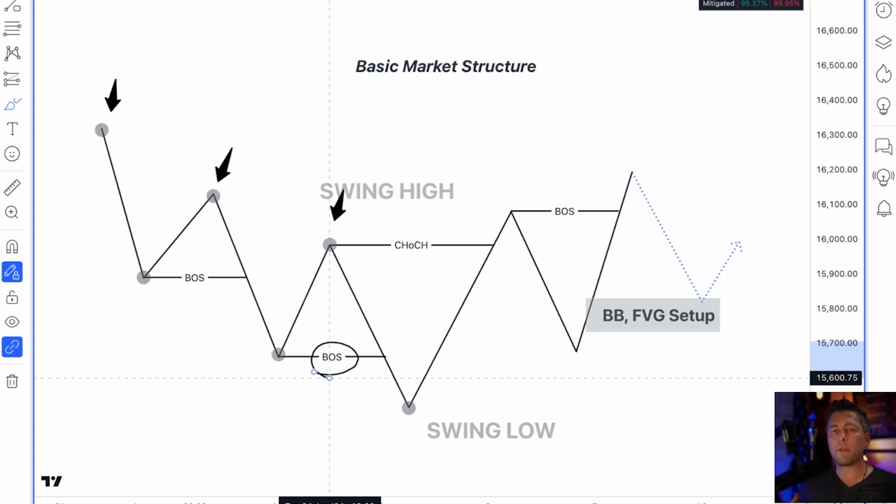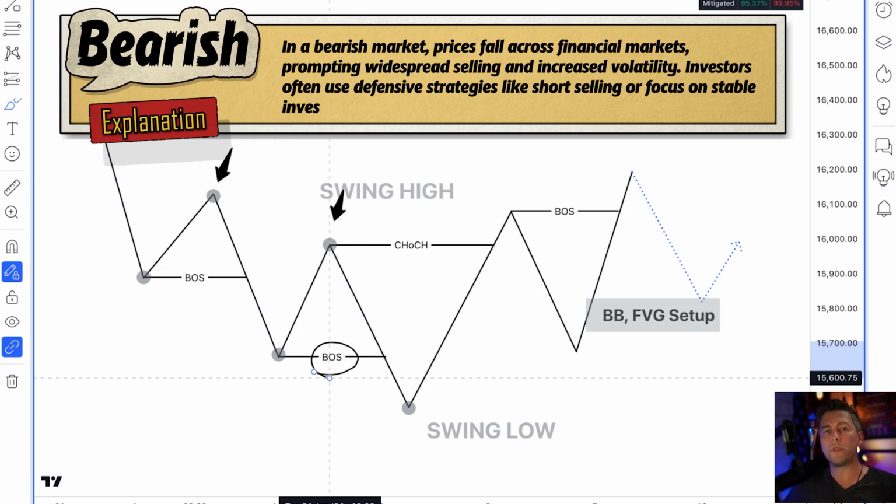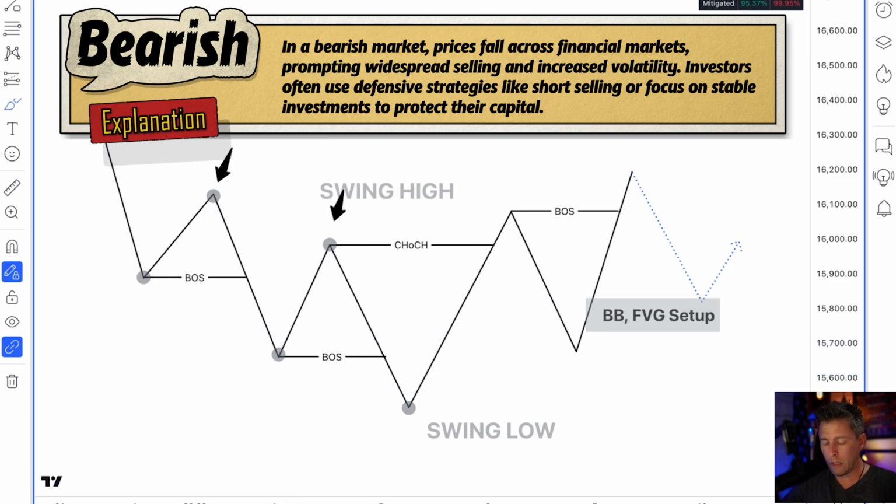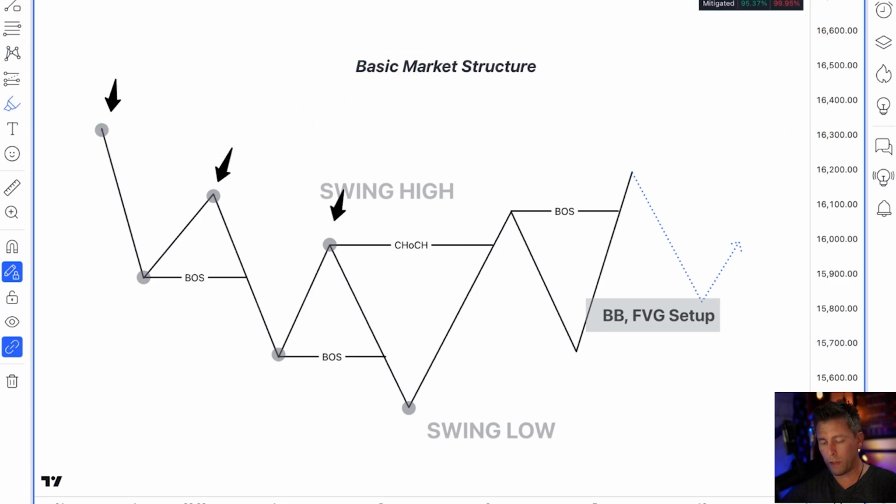But then something happens along the way. The market doesn't stay bearish forever. It never moves in one direction forever, right? And what does it do? Well, it changes character. And a change of character occurs when the market goes from this swing low right here, and the market swings up and it breaks structure, but also changes character to the upside.